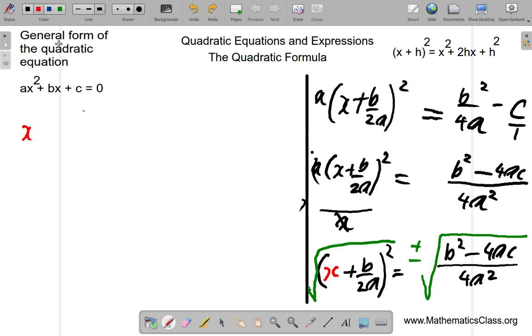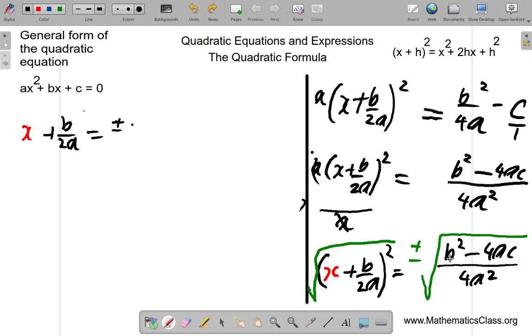So what we have is x plus b over 2a equals, you see that? It's like the square and the square root cancel out each other and leave the number untouched. Equal plus and minus the square root of b squared minus 4ac over 4a squared.